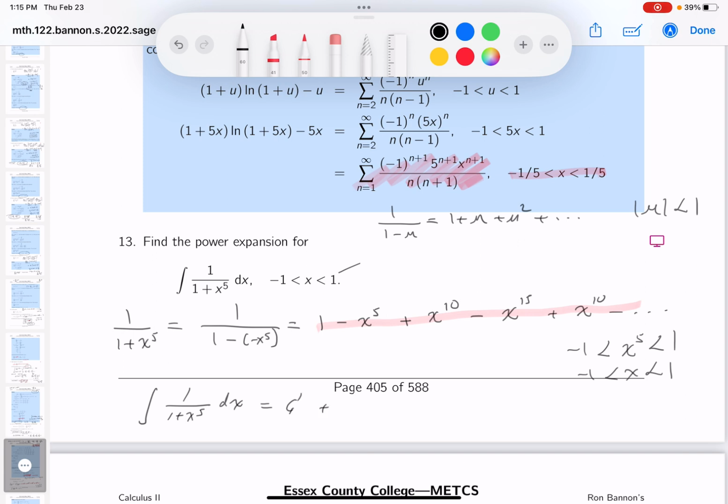Then you get plus x minus x to the 6 over 6 plus x to the 11 over 11 minus x to the 16 over 16 plus, I'm sorry, that's a 21 there, x to the 21 over 21. And I'm going to say yada, yada, yada.